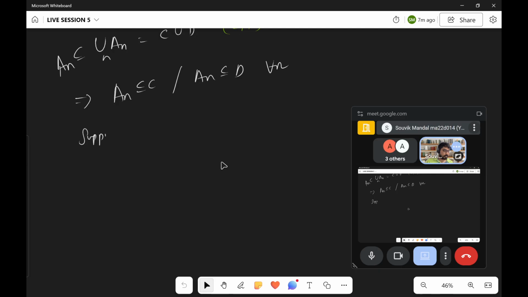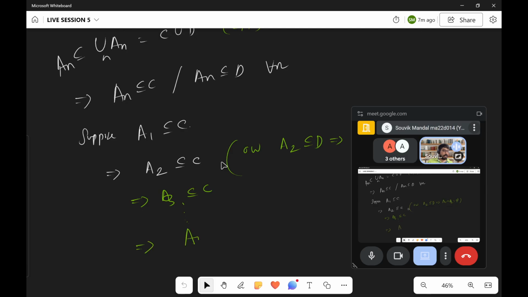Suppose A1 is a subset of C, then we must have A2 subset of C. Why? Because otherwise A2 subset of D would imply A1 intersection A2 is empty. And now A2 subset of C implies A3 subset of C, and so on.